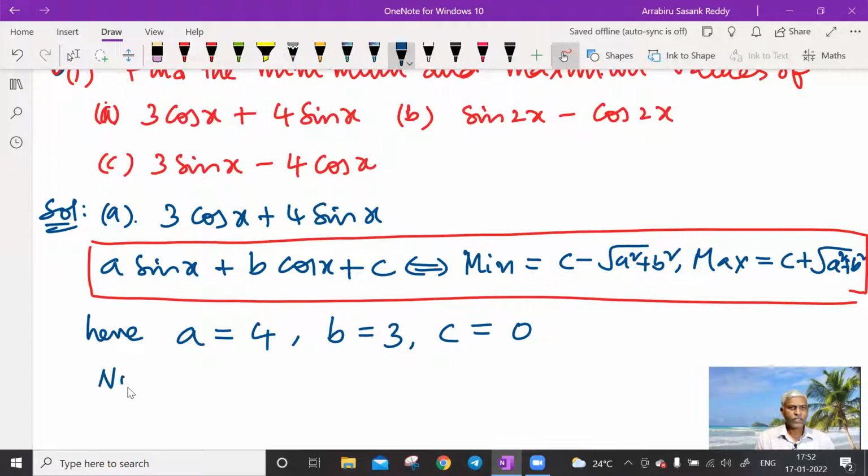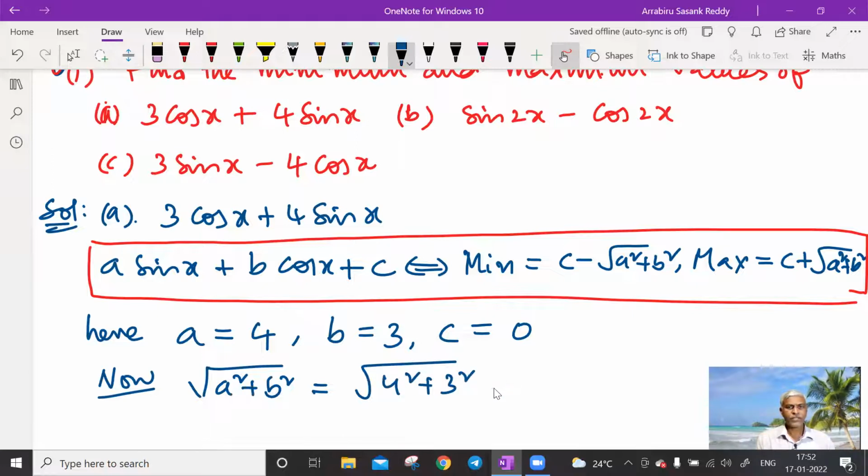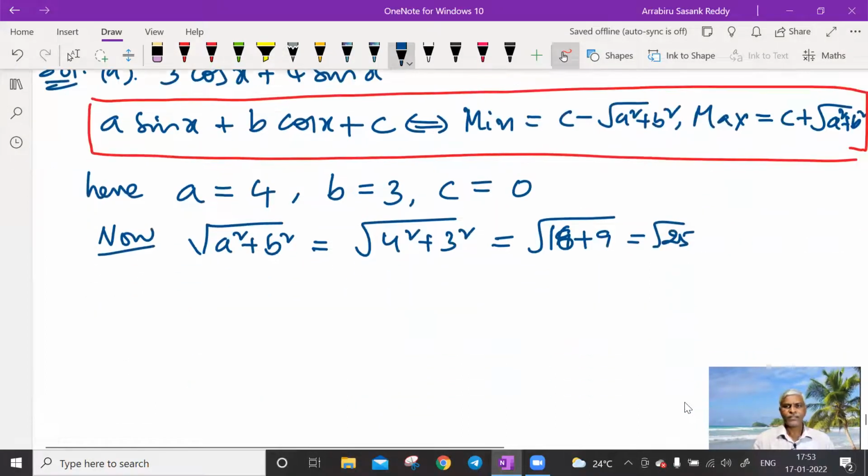Now let us find the a square plus b square value: 4 square plus 3 square, 16 plus 9, that is root 25, that is 5.